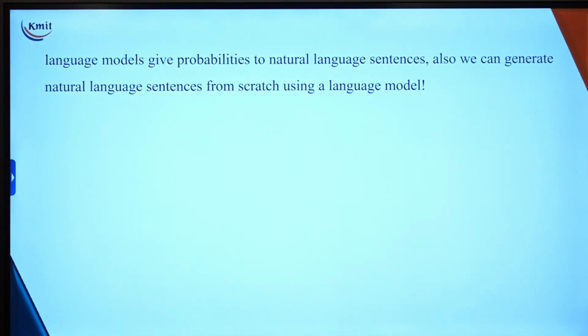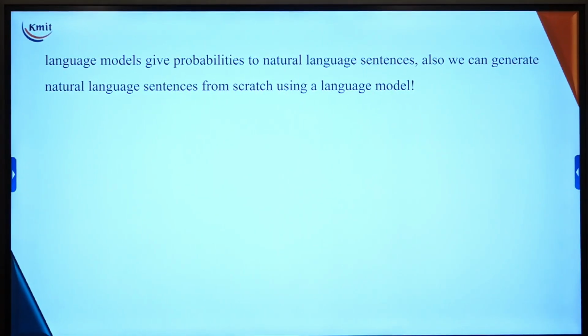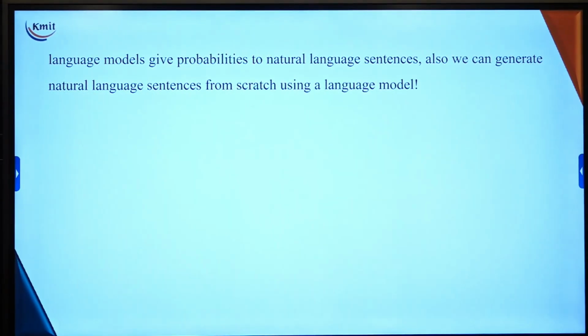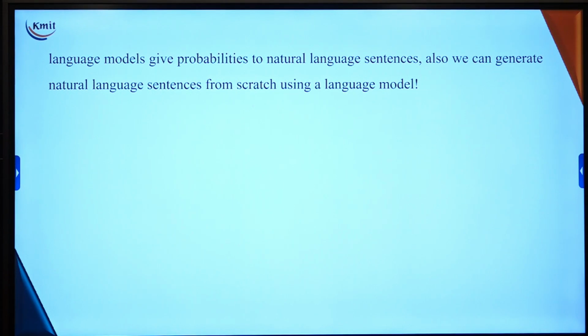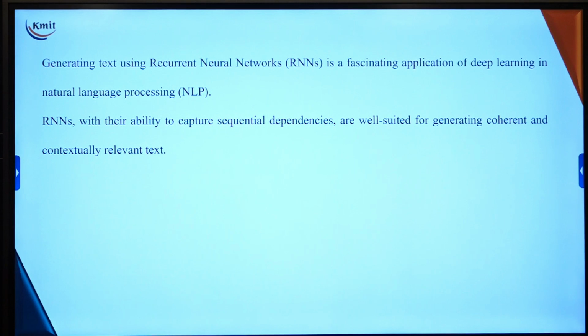In the last session we discussed language models, which give probability to NLP sentences and also generate natural language sentences from scratch. Generating text using RNNs is one of the most fascinating applications of deep learning in the context of natural language processing.